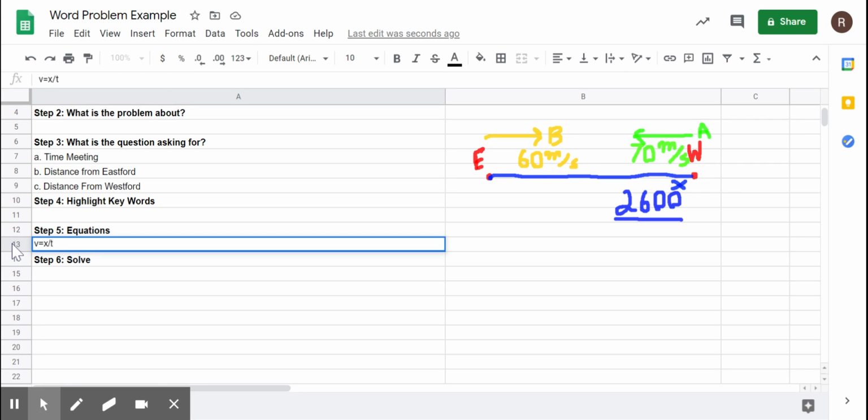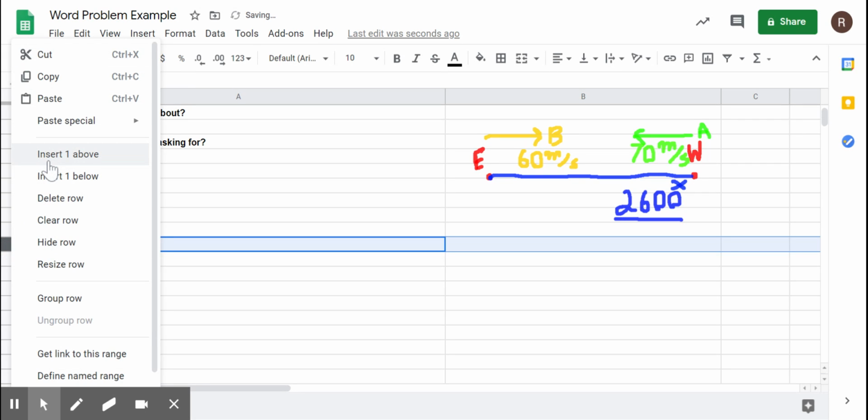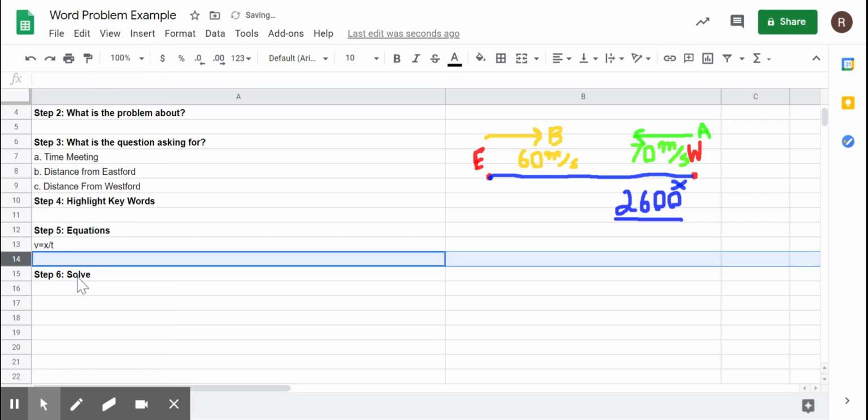Of course, if we're drawing graphs, we can rearrange it to x equals v times time plus whatever x naught is.